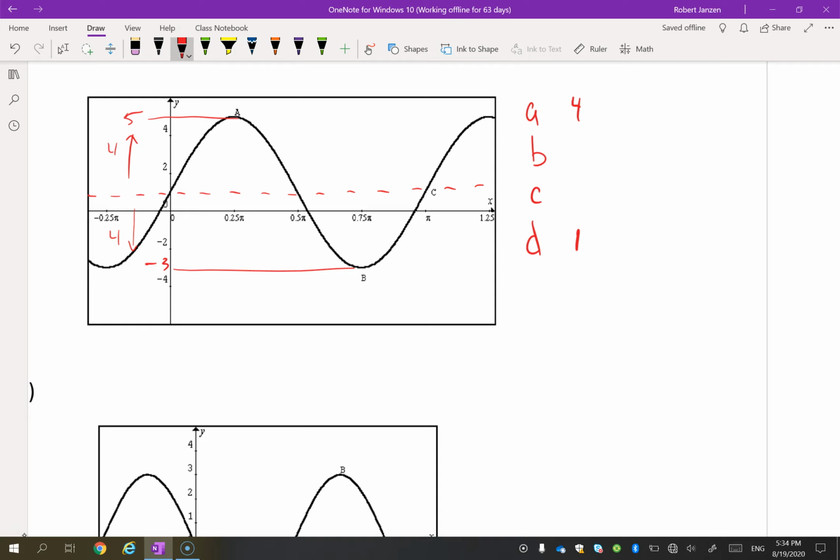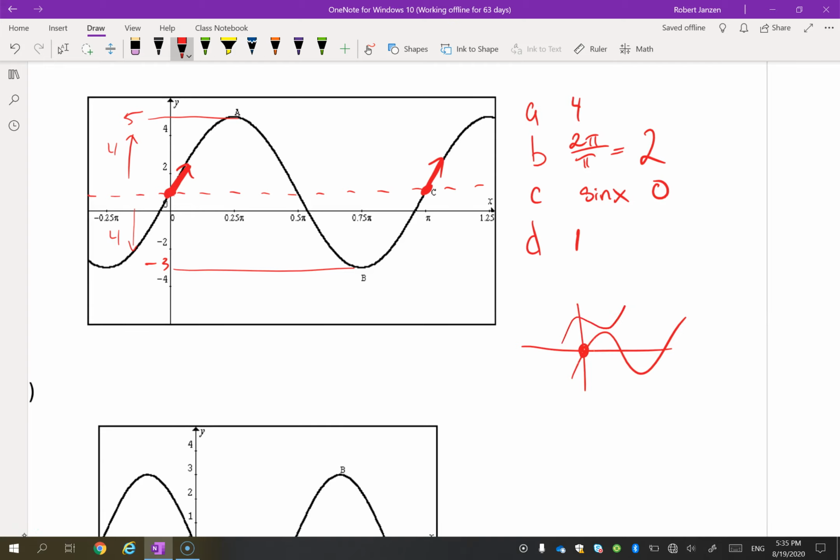Now let's figure out what the period is. From the midline moving up to the midline moving up, how far is that? It's pi. So what is the B value? 2 pi divided by the period, so B is 2. What is the phase shift for sine? It's 0. Again, the regular sine graph on the y-axis is 0.